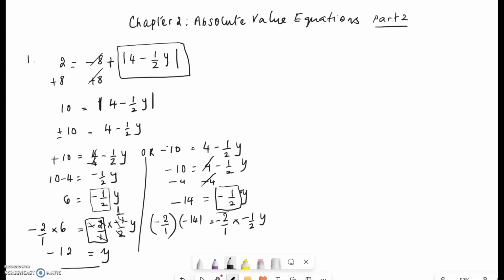We have to multiply both sides with the exact same number, and the whole point is to get rid of the negative half by multiplying with its reciprocal, which is also negative, but it's the opposite. So instead of 1 over 2, we have 2 over 1. So the 2's cancel, the 1's cancel, the negatives cancel, and we're left with just y equals positive 14 times 2 is 28.